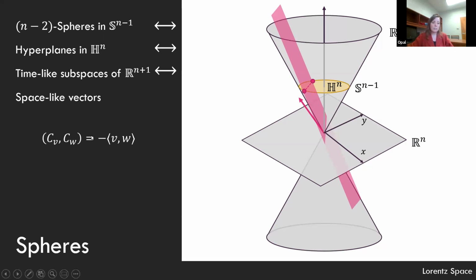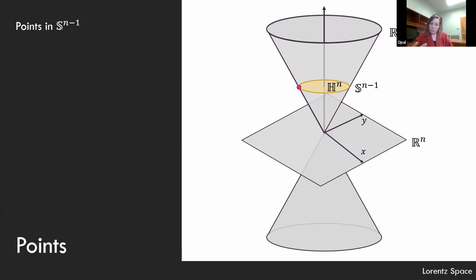And moreover, we're looking at inversive distance. We have this nice equality that the inversive distance is equal to the negative of the Lorentz inner product. So that's our correspondence for spheres in the n-1 sphere.